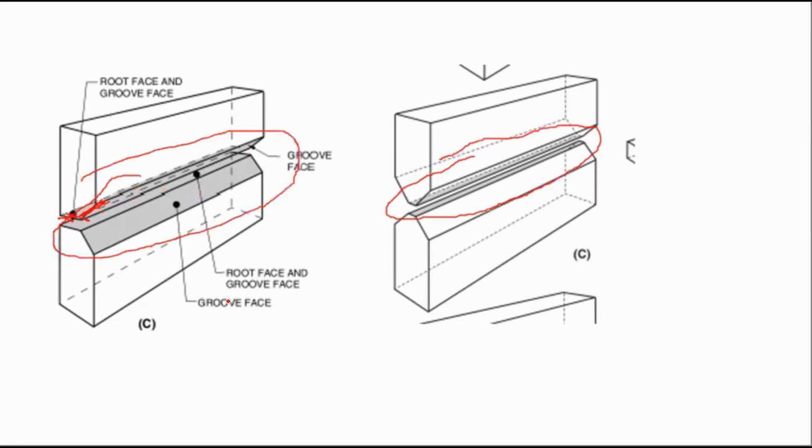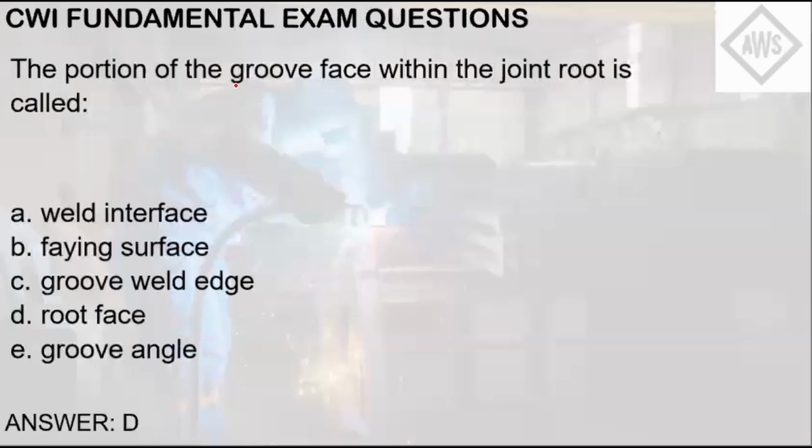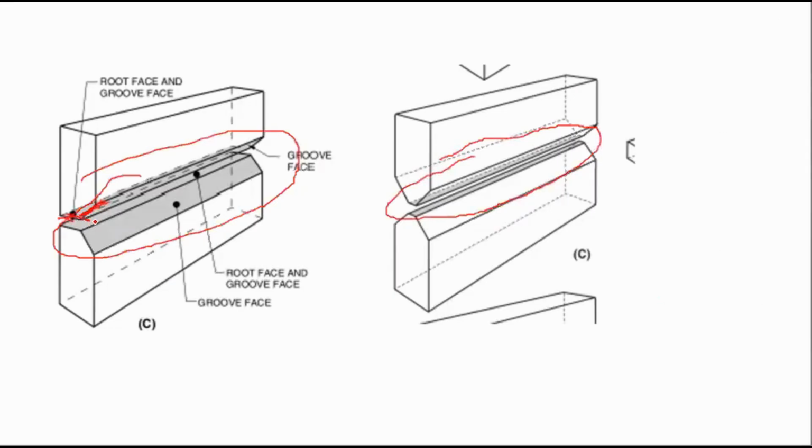So basically, the portion of the groove face within the joint root is the root face, letter D. As you can see here, this is the entire groove face, and this part here is the root face and the groove face. Basically, they are on the same joint root.